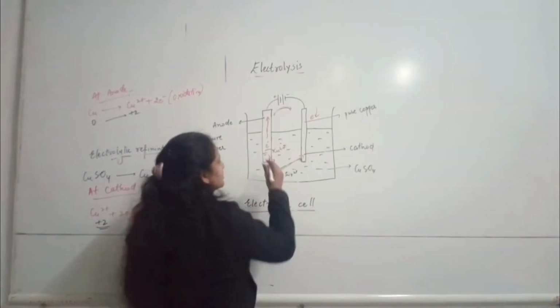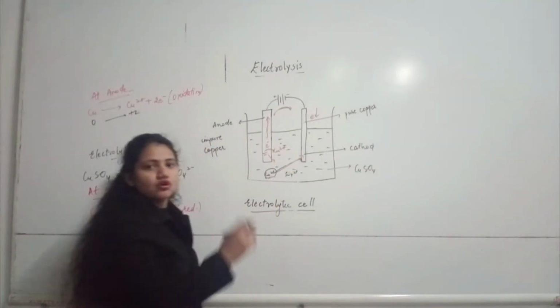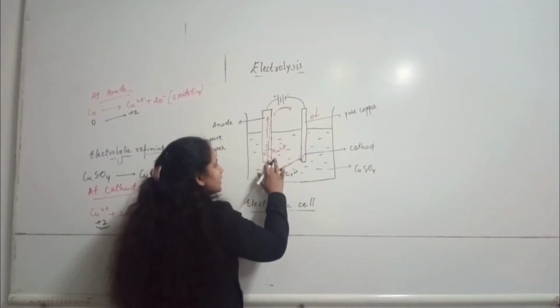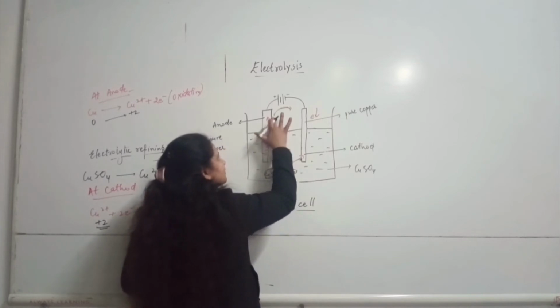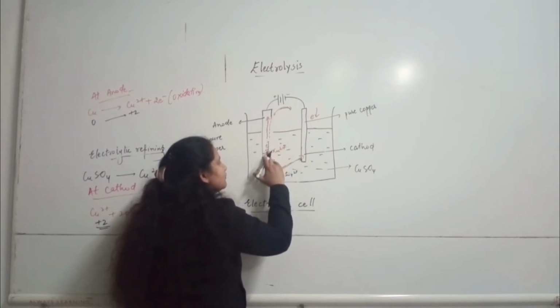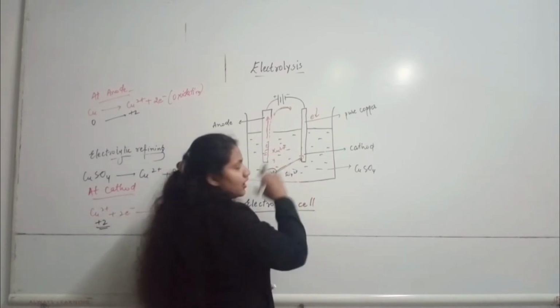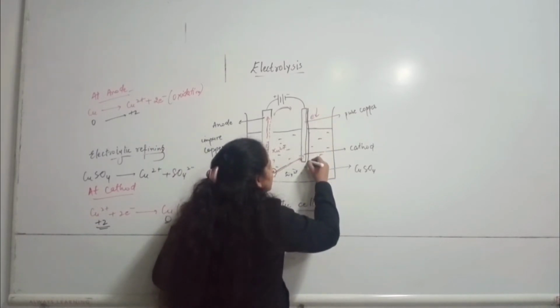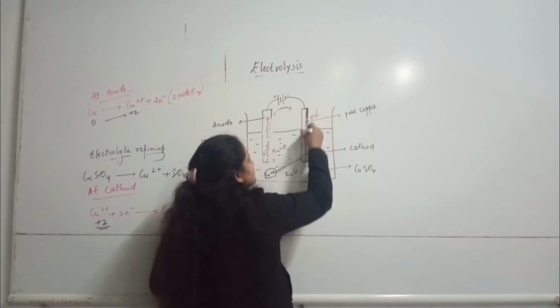Because it is giving out copper 2+ ions, the size of the anode will decrease and it will become thin, whereas in contrast, thickening of the cathode layer will take place.